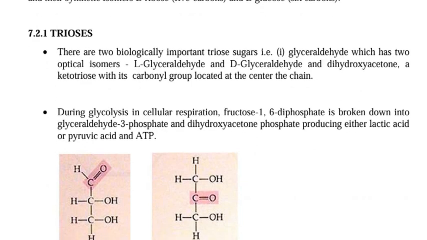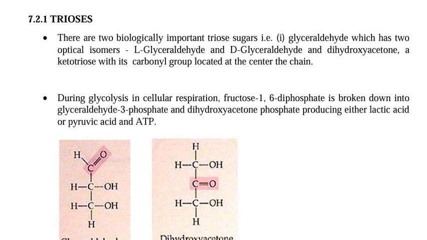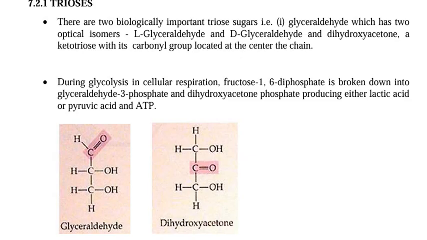And the first type of monosaccharide that we dive into are trioses. These are monosaccharides with a continuous carbon chain which has a number of 3. The typical illustration that they give us here is this one. They're saying there are 2 biologically important trioses.